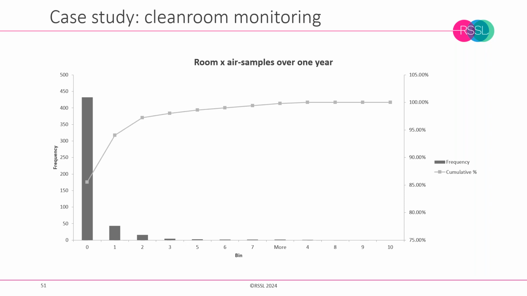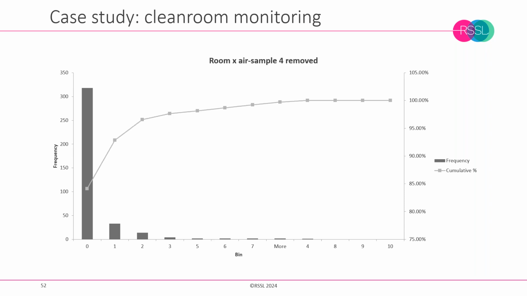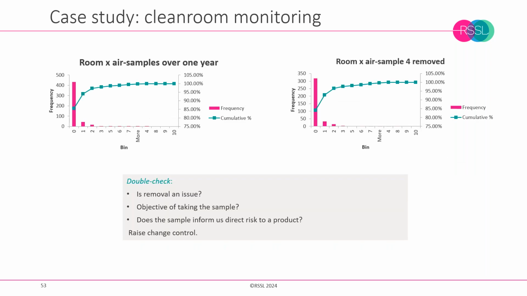What we can do is go back to our data. We can remodel it, having taken that sample out, and see what we get in terms of the histogram. In this particular case, it looks like our histogram is broadly similar, and we can assess that by having both of our histograms side by side.